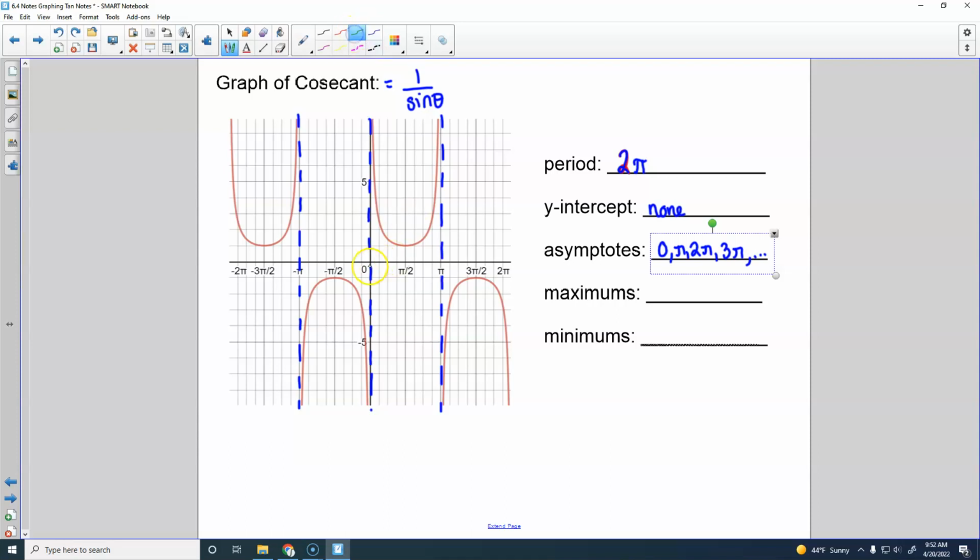And for this one, we could also graph sine. So it would look like this. And you can see it does the same thing that cosine did with secant. It kind of lines right up there in between.